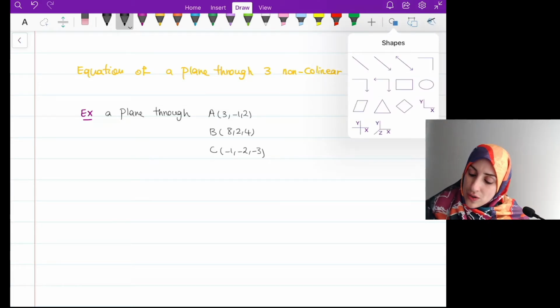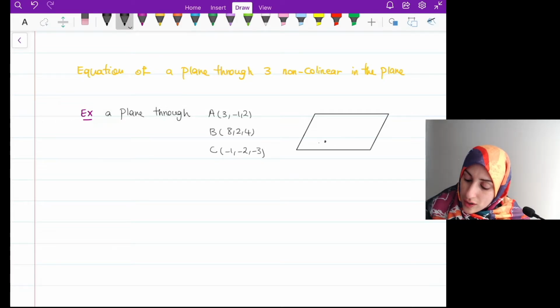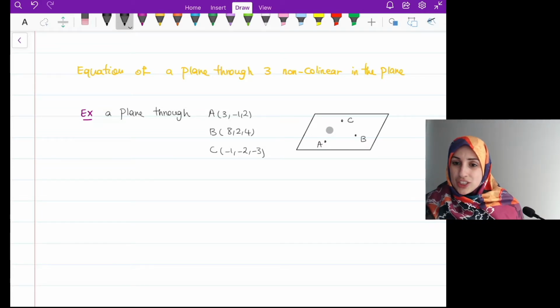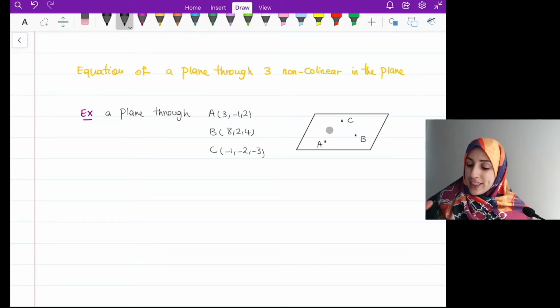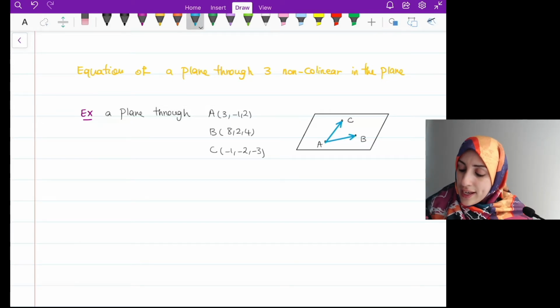So I would like this plane passing through these 3 points. I know that if I have a normal vector with a point, I can find the equation of the plane. So all I need to do is find the normal vector in here. How do I do that? I just graph the vectors that I have in here.